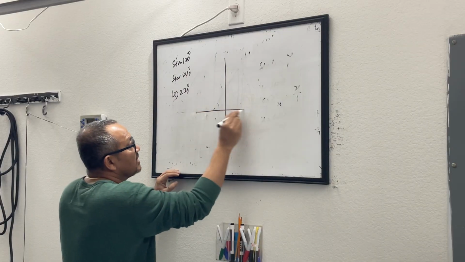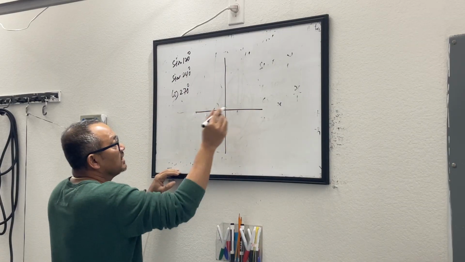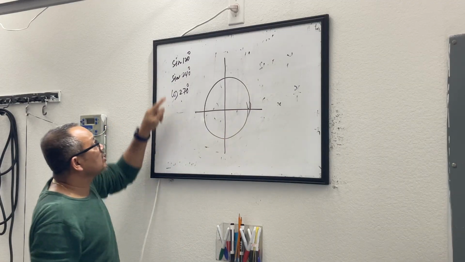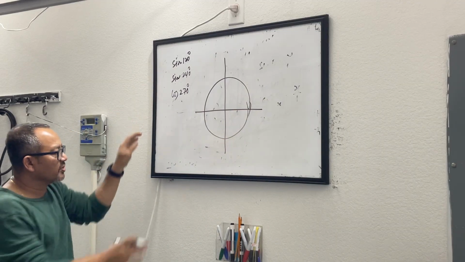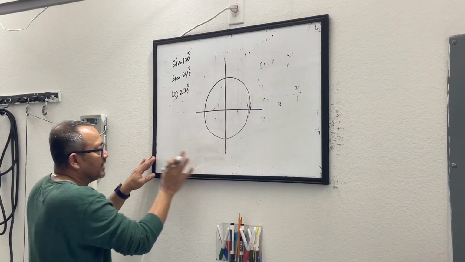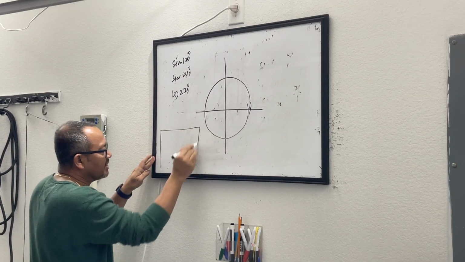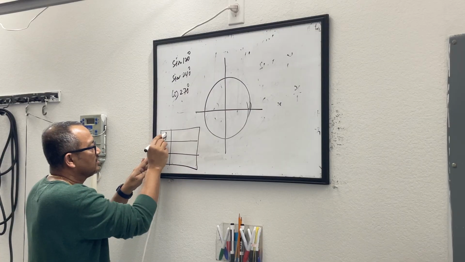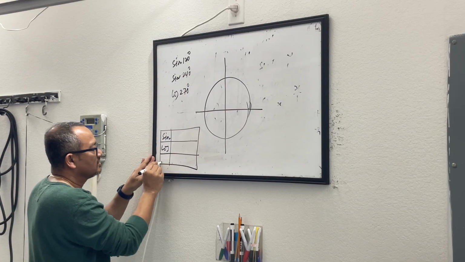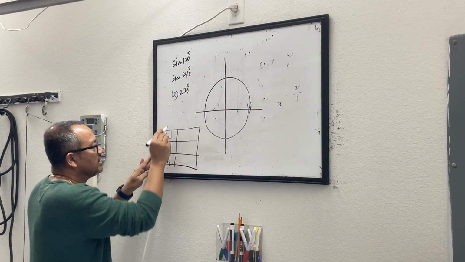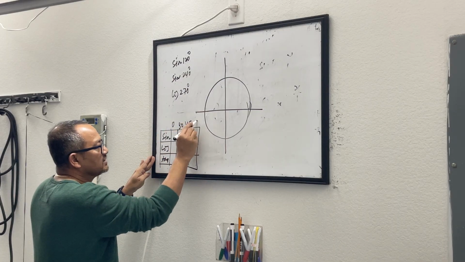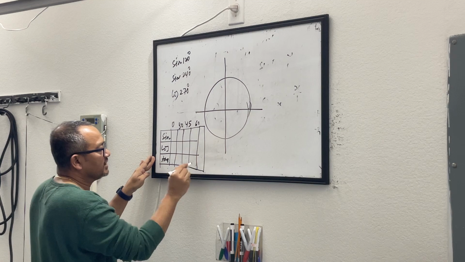Let's see. This is my unit circle. If I am talking about sine of 120 degrees, before I do that, based on my bad habit, I will put this table for 0, 30, 45, 60 and 90 degrees.